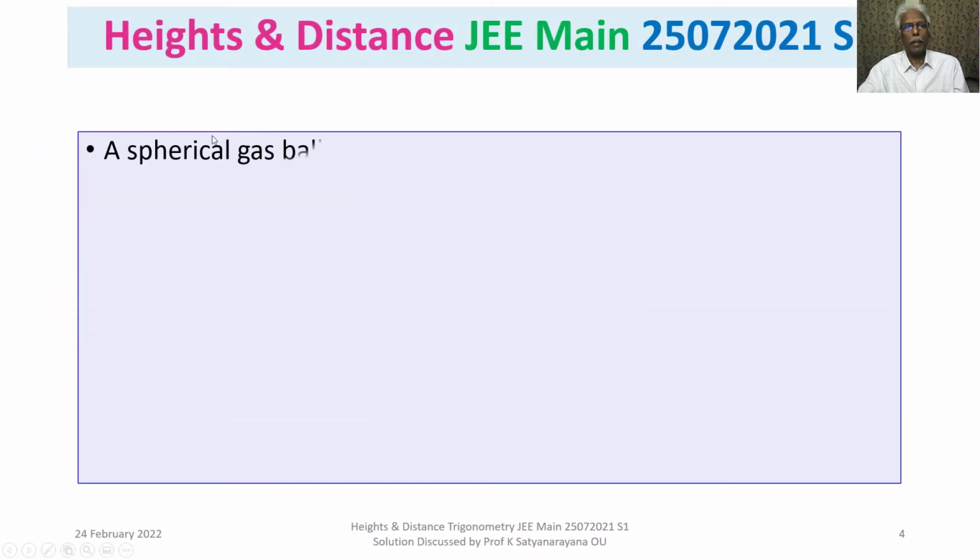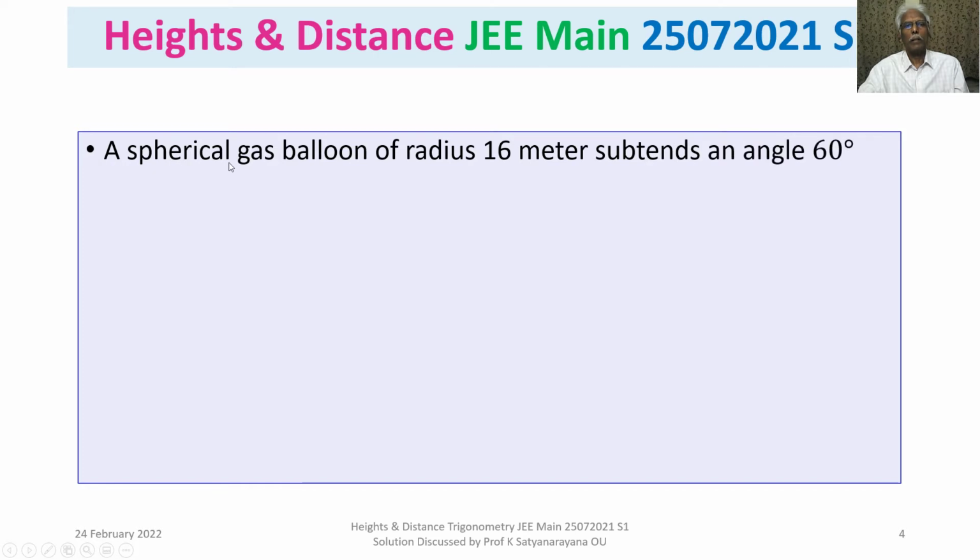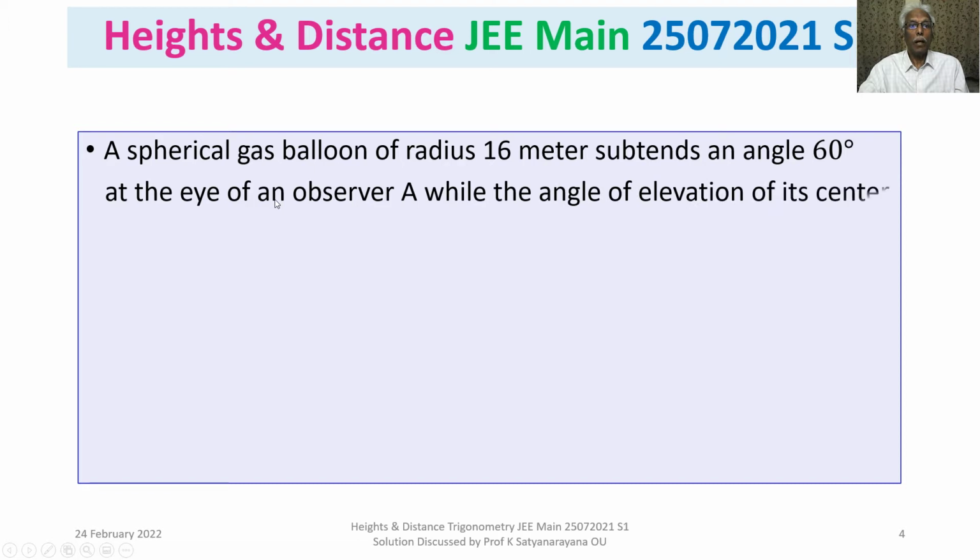The problem is: a spherical gas balloon of radius 16 meters subtends an angle 60 degrees at the eye of an observer A, while the angle of elevation of its center from the eye of A is 75 degrees.